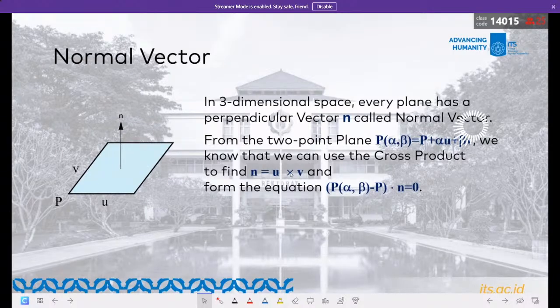For example, we just simply use this u and v vector, and from this equation we will get n. The cross product of these two vectors is the n vector. Again, we will need to use this for lighting and shading later.